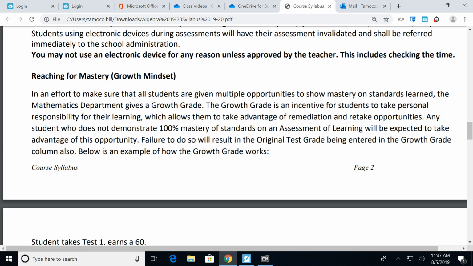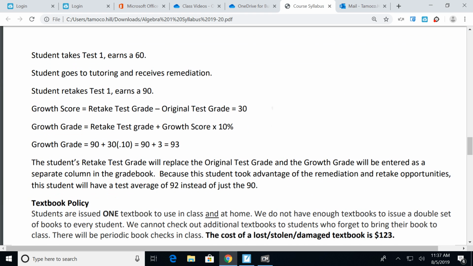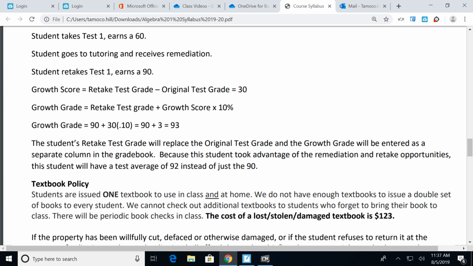So let's talk about why. I gave you an example at the top of the second page. Here's an example of a student who took test 1 and scored a 60. Then the student attended tutoring and did whatever remediation assignments that I gave. And some of that stuff is already set up. Then the student retook the test and they scored a 90.